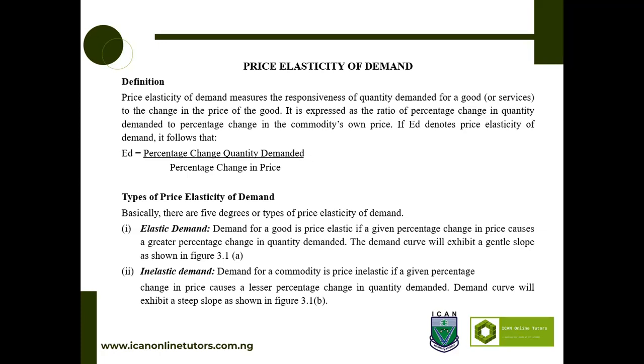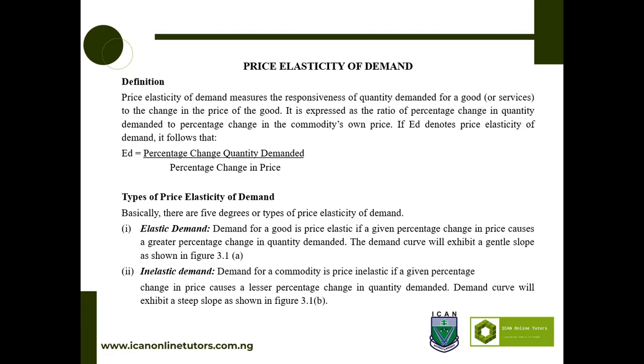So if the elasticity of demand of a given product is expected to be computed, the formula to determine it is given as percentage change in quantity demanded divided by percentage change in price. What does this percentage change mean? We are looking at the difference between what was demanded previously and the current quantity demanded.